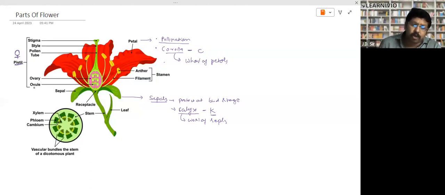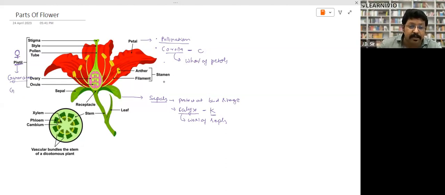We have discussed all these things in reproduction in plants. This pistil part is technically known as gynoecium, and it is represented by capital G.